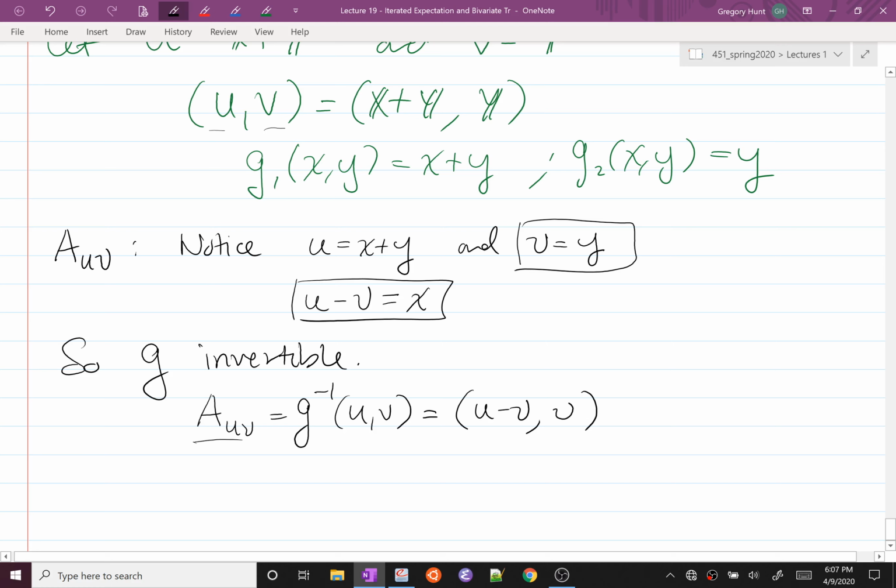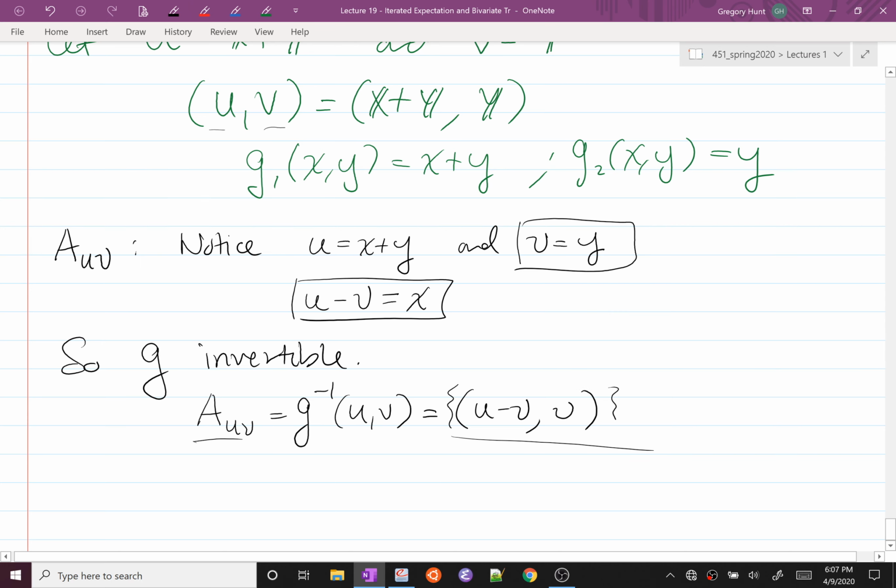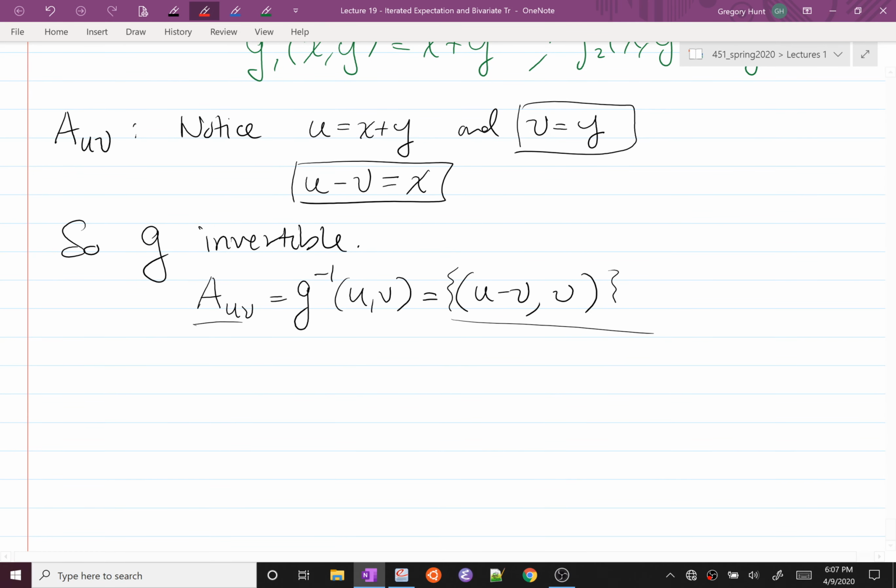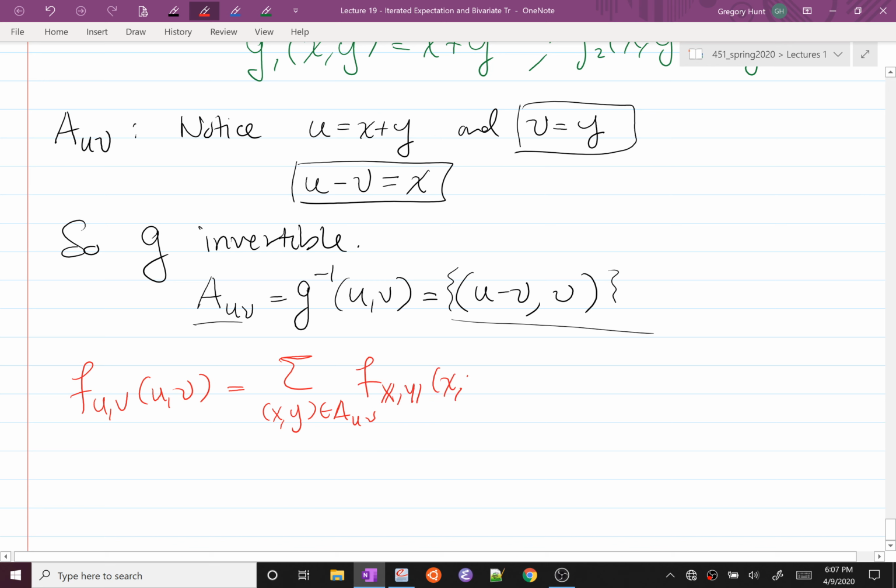So A sub uv is just one pair, and you could write it as a set if you want. And that shows up in our formula, right? Because if I want the joint PMF of u and v, this was a sum over pairs x and y in A sub uv of the joint PMF of x and y.